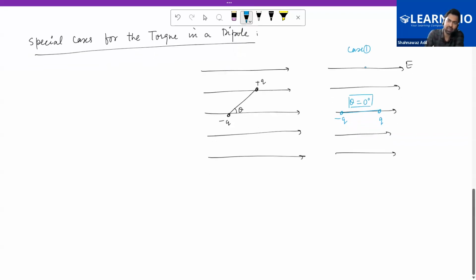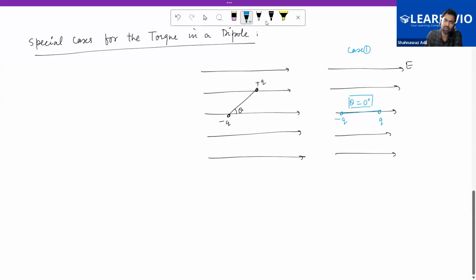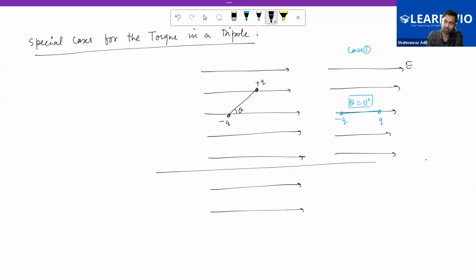And another case would be this, right? So this is the thing. And you place this dipole in this way. So now can you tell me what is theta?